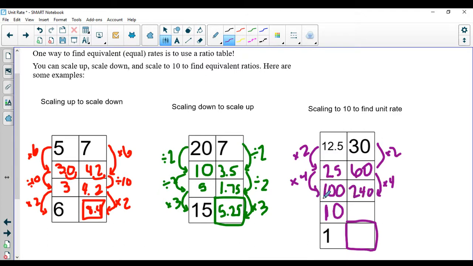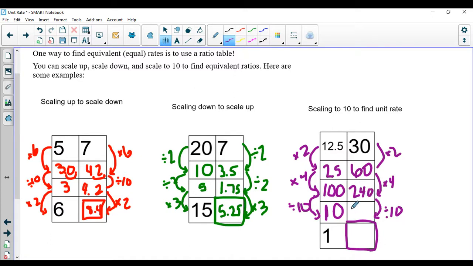And now I can easily see how to scale to 10. I'm going to divide by 10 because there are 10 tens in 100. And just like we did over here when we divided by 10, I am simply moving that decimal 1 place to the left.